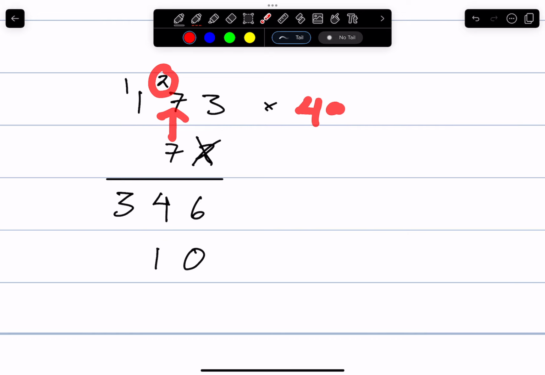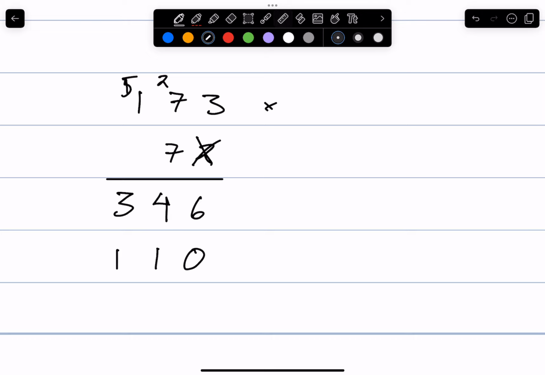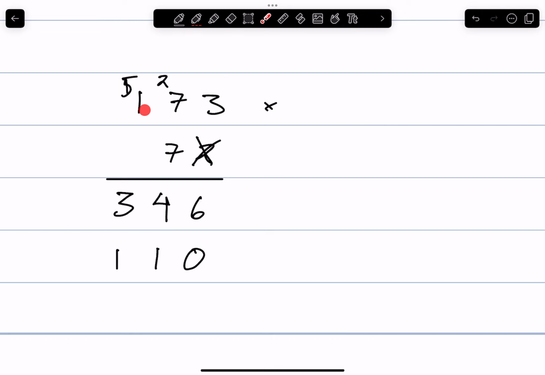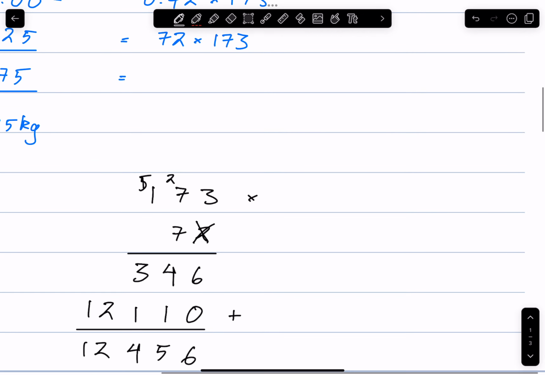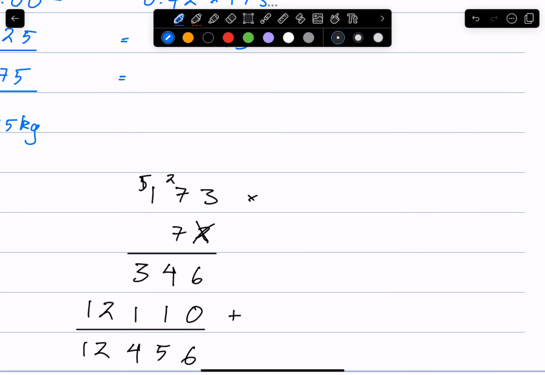Plus the 2, so 49 plus 2 gives us 51. So 1, carry the 5. And lastly, 1 times 7 is 7. 7 plus 5 is 12. Adding these together gives us 12456.